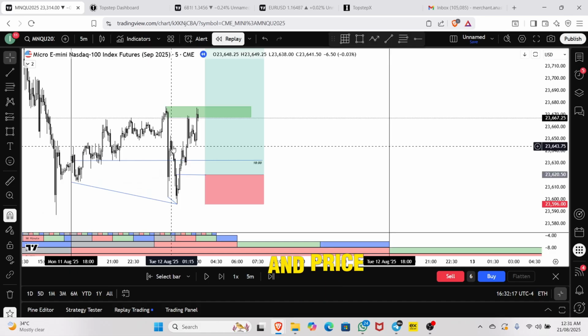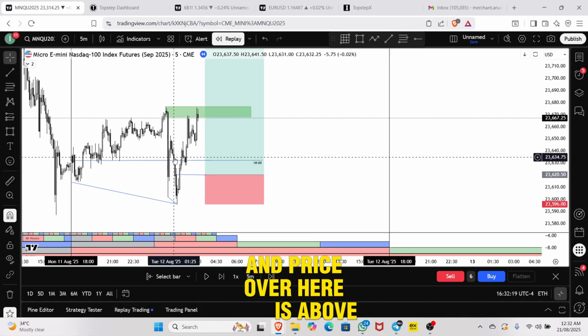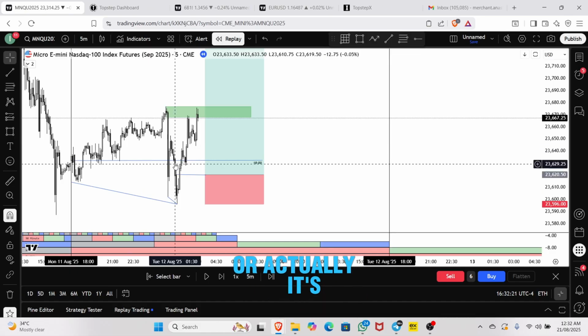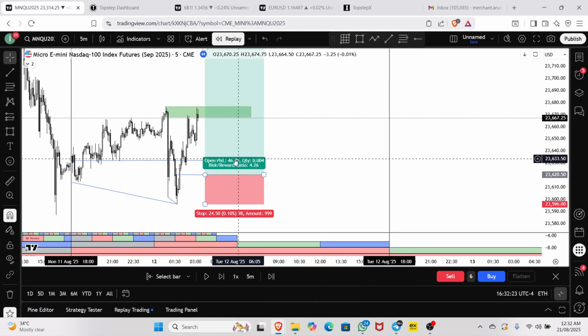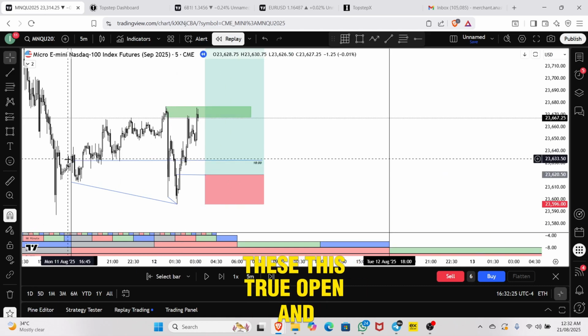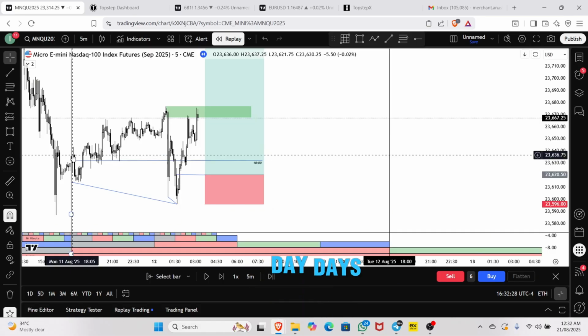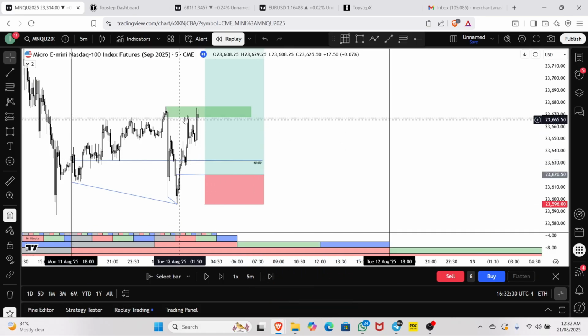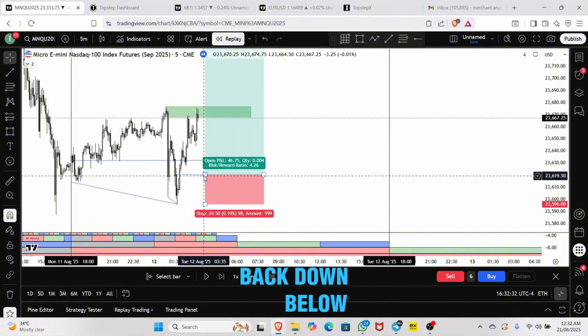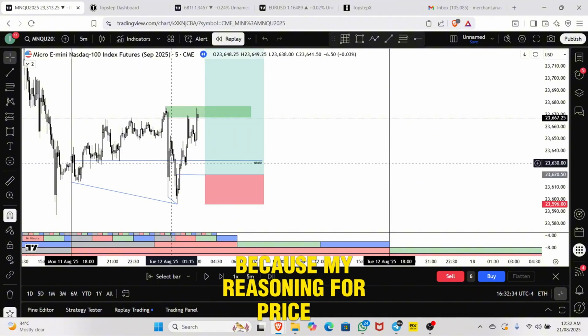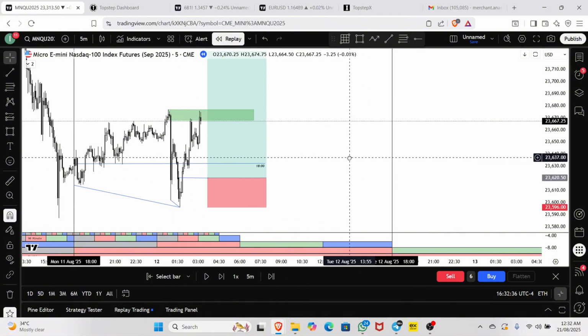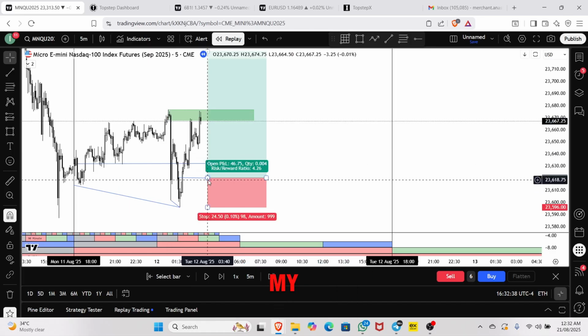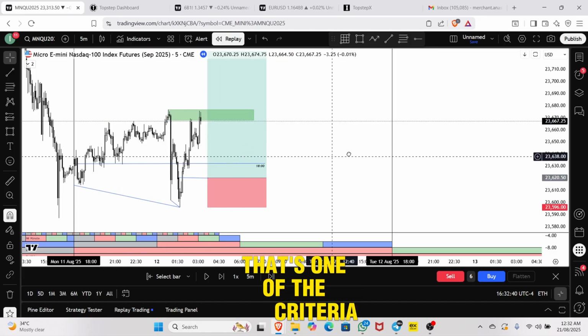Price over here is in line with this one. This true open and the day's open are aligned, but I wanted price to come back down below because my reasoning for price entry was here. And I don't go to the price. Price has to come to my entry. That's one of the criteria.